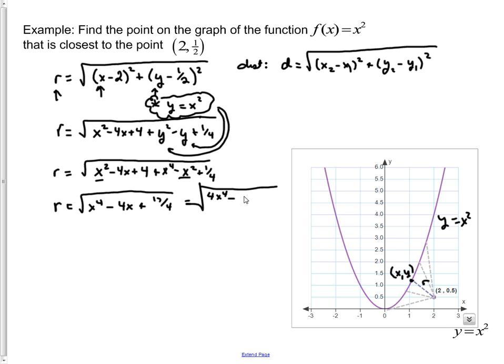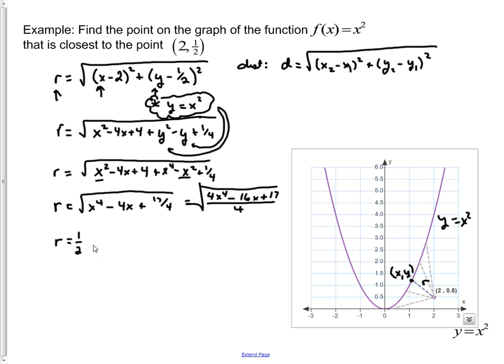Minus 16 times x plus 17, all divided by 4. Again, if you need to pause to do the algebra, please do so. But this becomes a function that looks like this. Now I'm going to write it in a way that's a little more simple to find a derivative of.